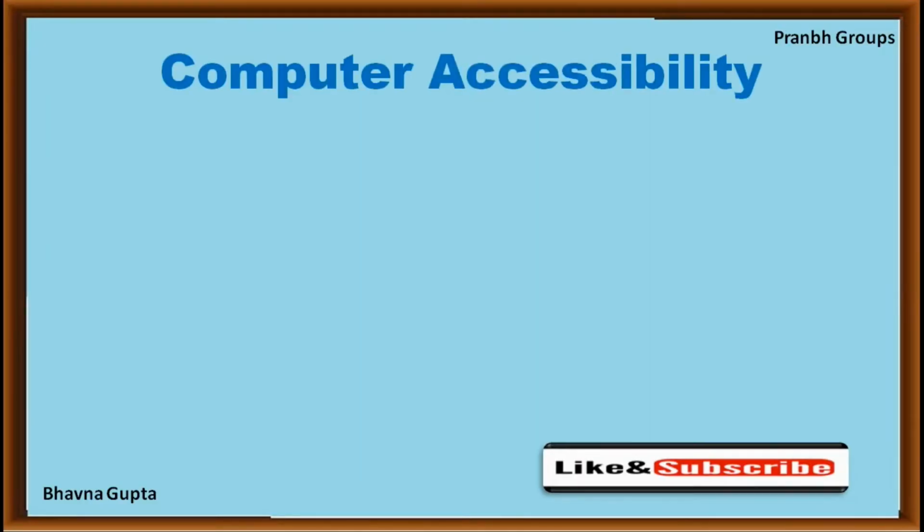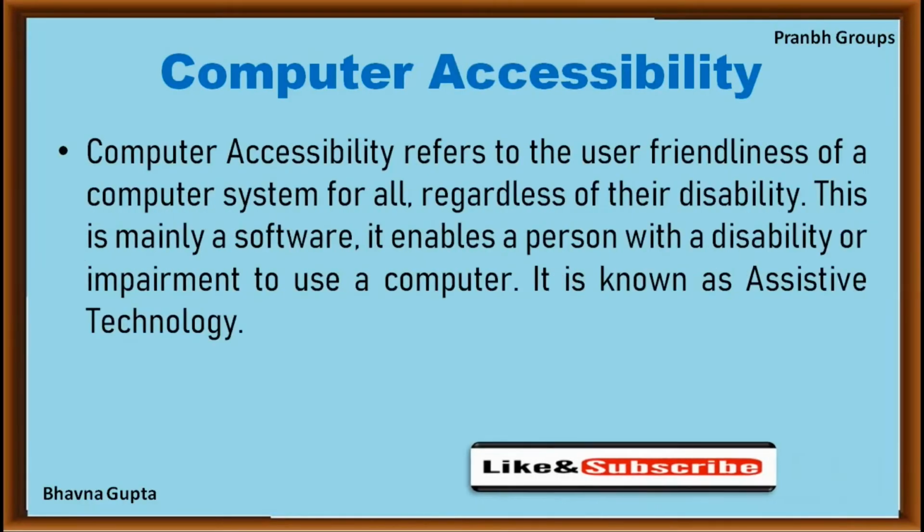First topic, computer accessibility. Computer accessibility refers to the user friendliness of a computer system for all, regardless of their disability. Accessibility refers to how computers can be helpful to all users regardless of their disability.